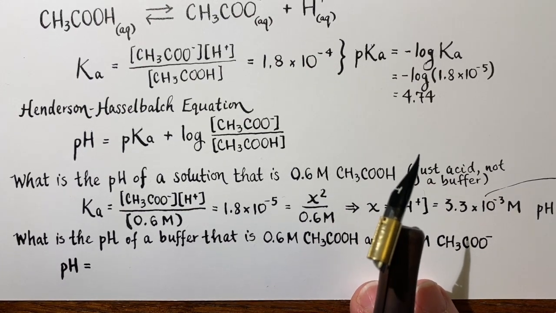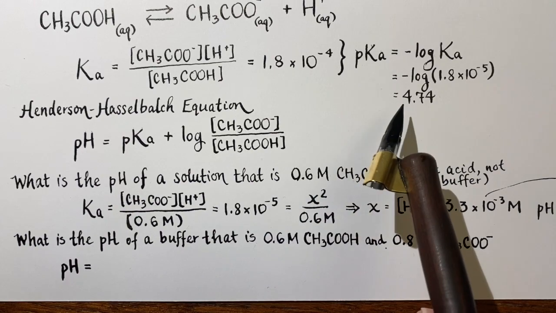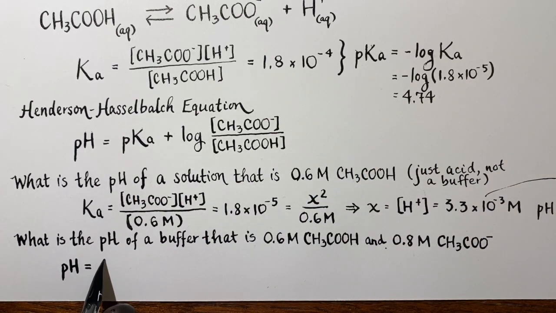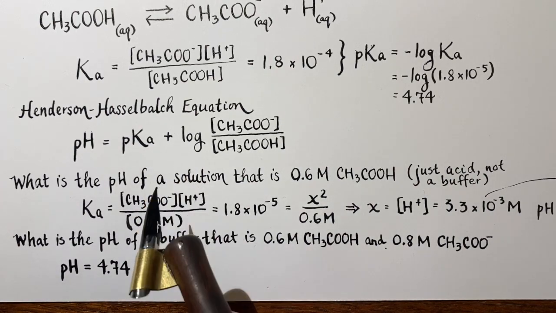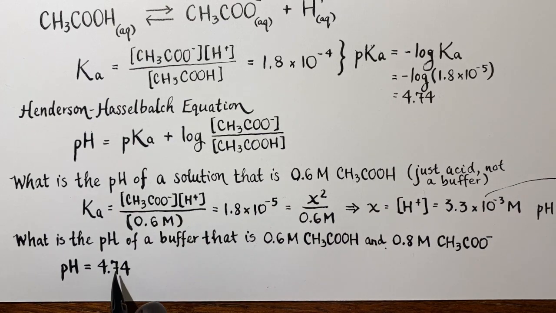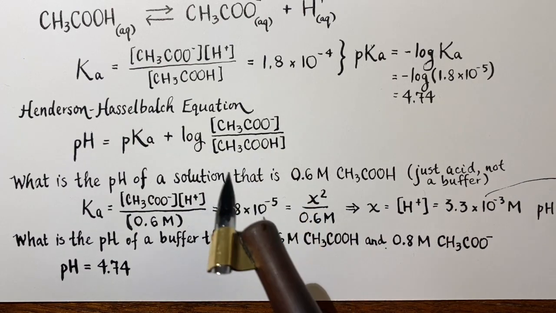So our pH, we can now put in our pKa value, 4.74 for acetic acid. And then here's our adjustment. Whether the final pH will be greater than 4.74 or less than will depend on this ratio.